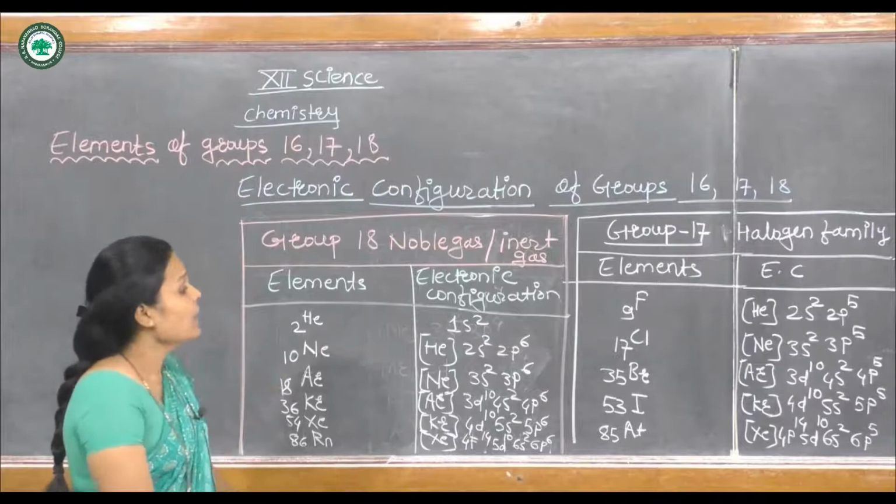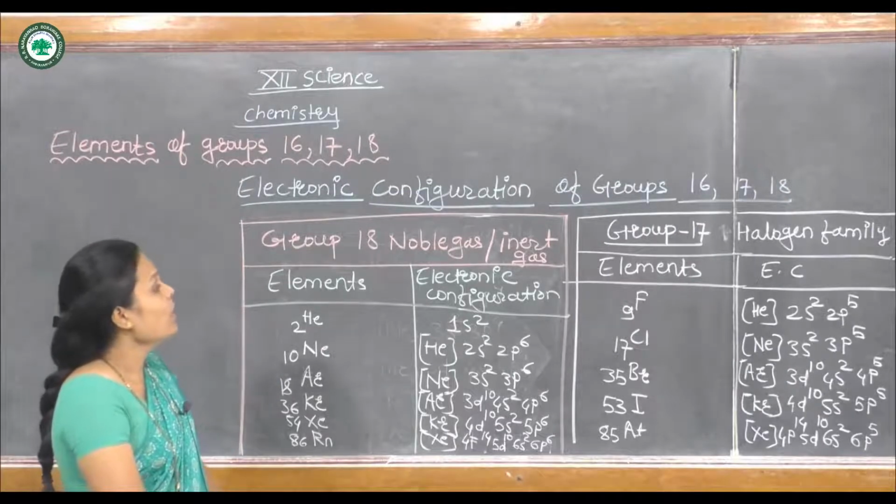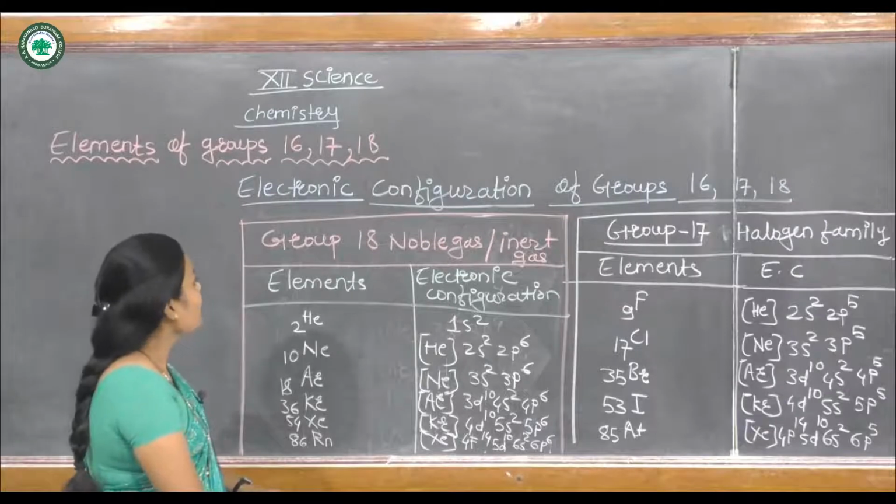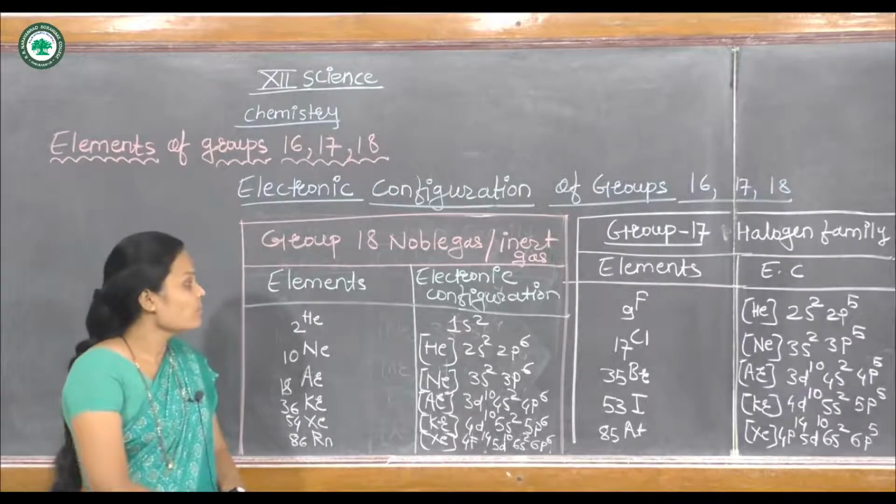These are the electronic configurations of the 3 groups: group 16, group 17 and group 18.